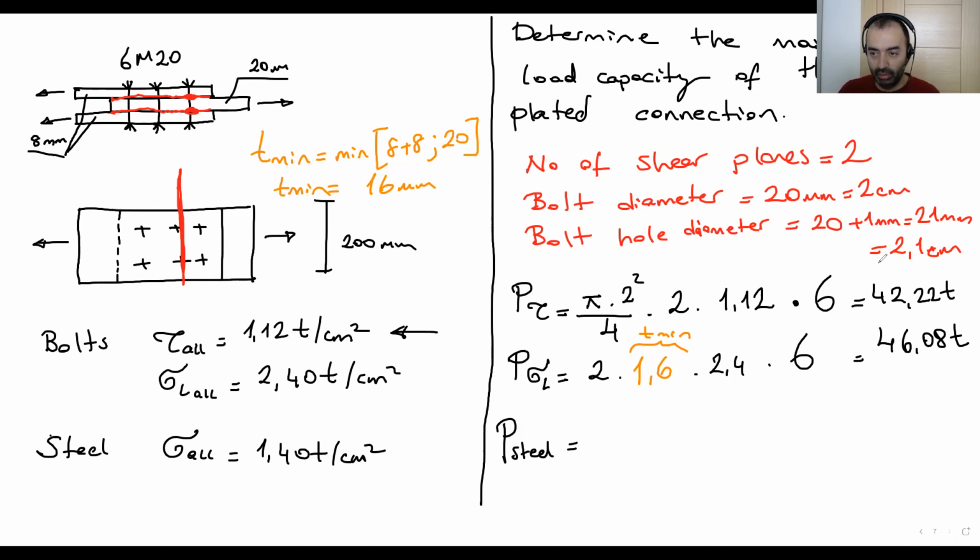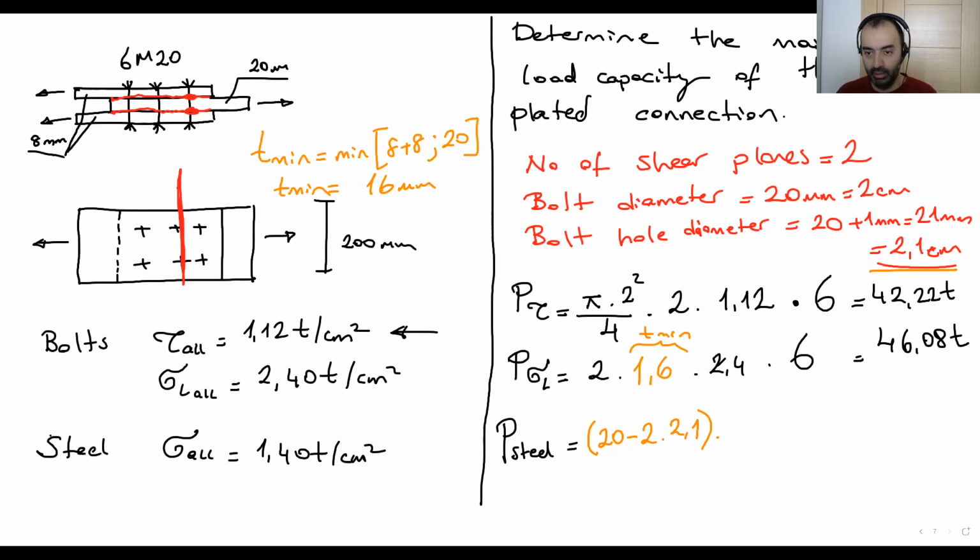You know the bolt hole diameter. So the total width of the plate is 20 centimeters, right? Minus how many bolt holes we have in the section? 2. Minus 2 times the bolt hole diameter, 2.1, times Tmin.